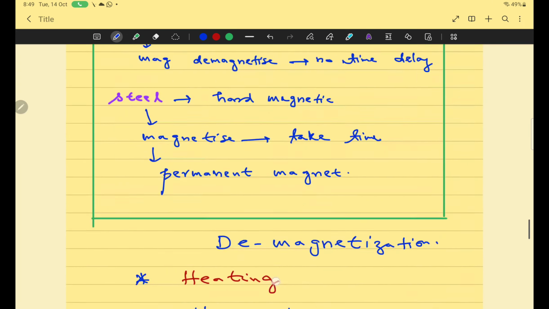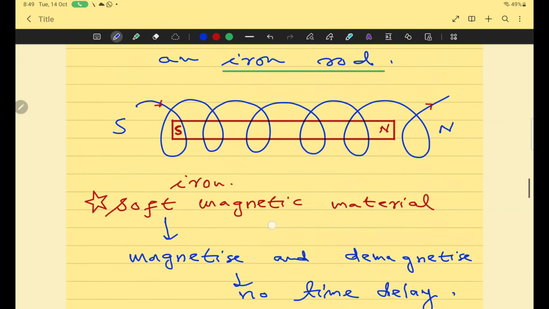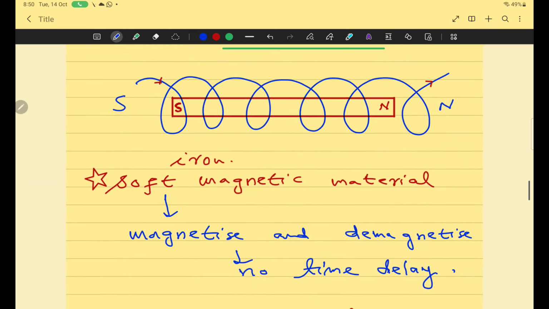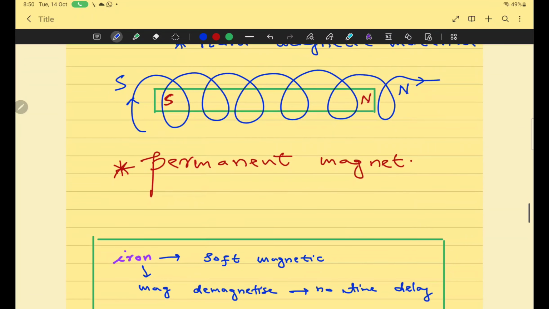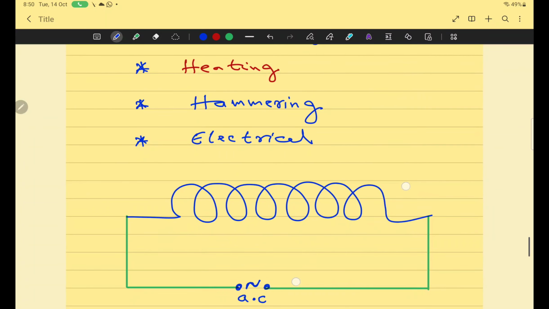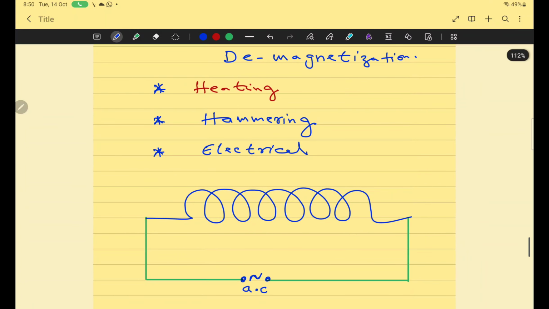In the above explanation, we were connecting the solenoid with a DC source. DC is used to magnetize a steel rod. But right now we are interested to demagnetize, so we are connecting this coil of wire with an AC supply.